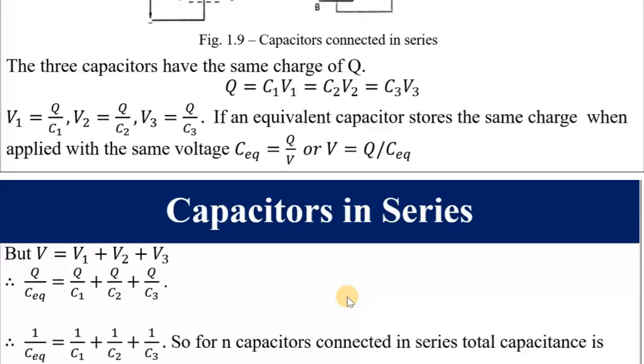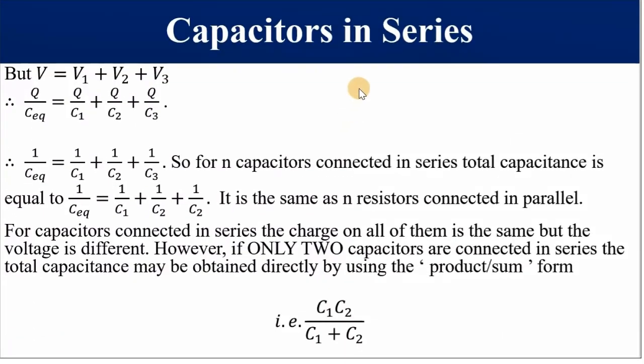Let's proceed. We are continuing with finding the total capacitance of capacitors connected in series. We know that for the series connection in the previous slide, V is equal to V1 plus V2 plus V3, which is the voltage across a series circuit. And how do you find V?